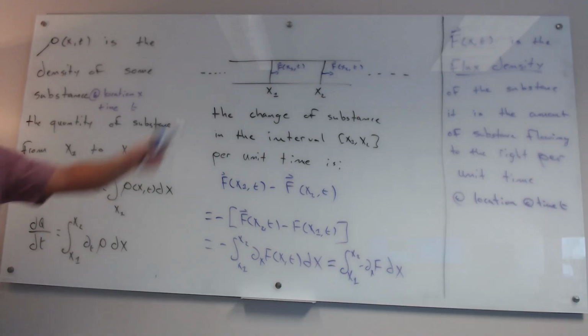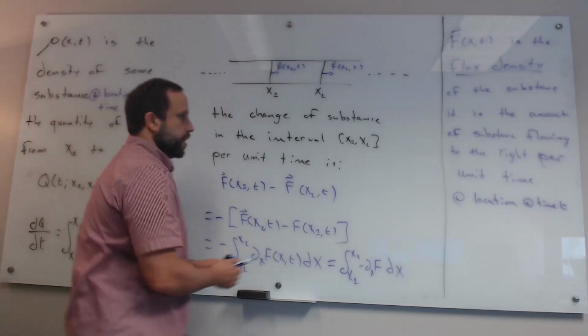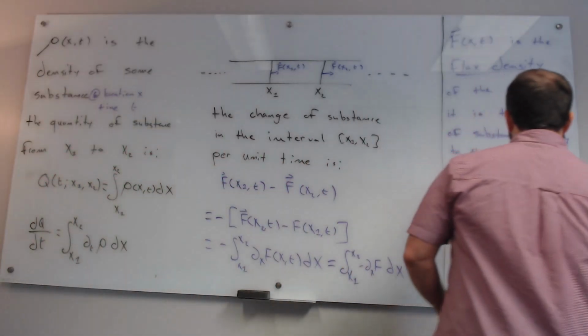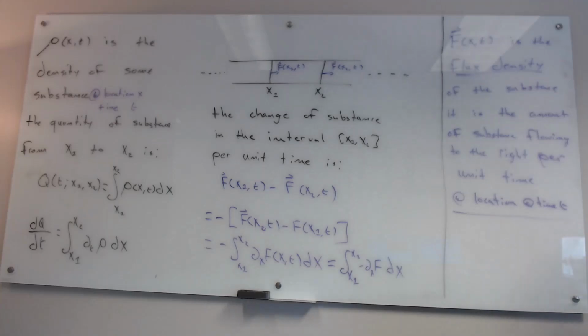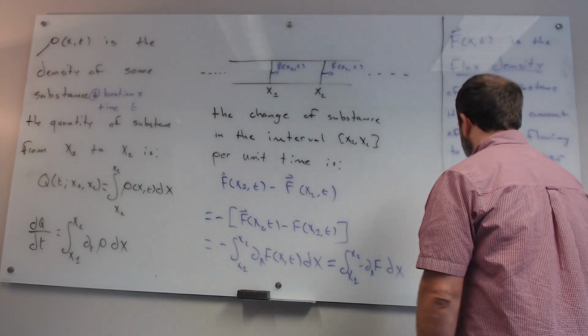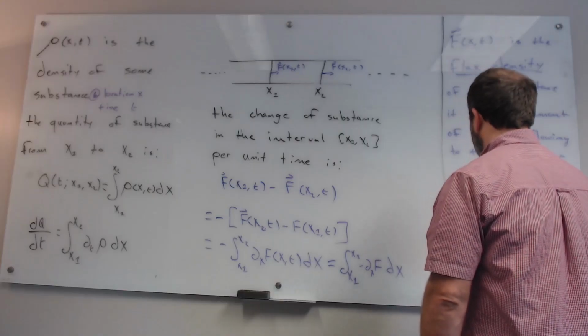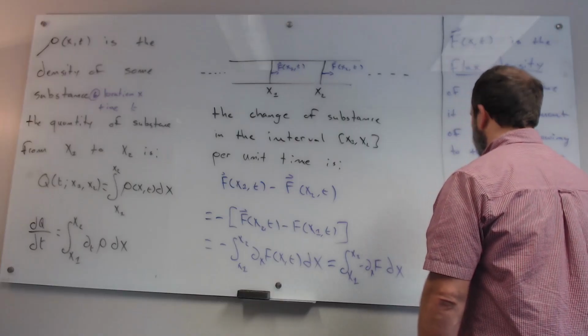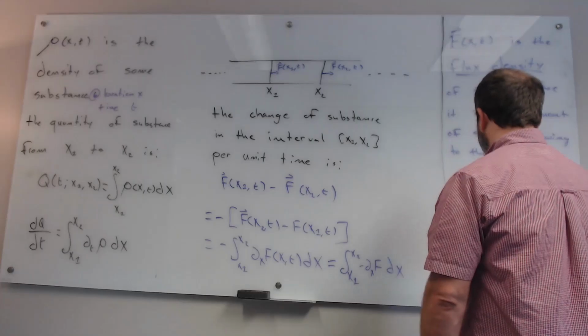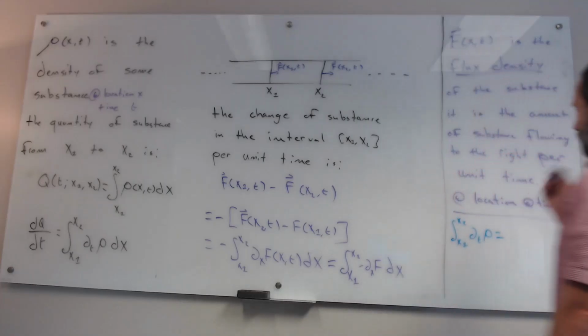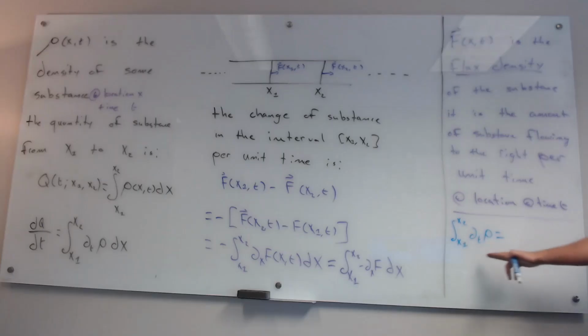So I think I'm going to write over here. What this tells us is the following. One way to write dq dt is as the integral from x1 to x2 of the t derivative of rho. That's one way to write the derivative of q.